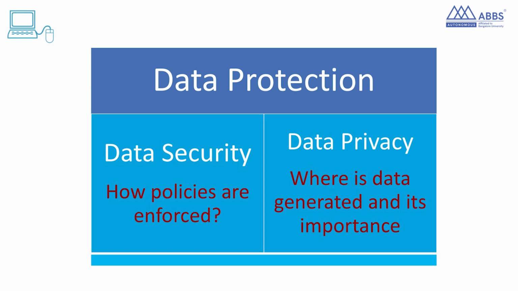Data protection is all about the set of guidelines an organization lays down by itself at the first level. Security is all about how these policies are getting enforced. Privacy is all about how or where the data is generated, what is the importance of data and why.